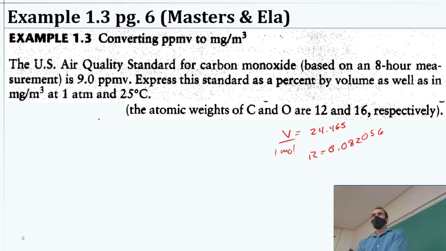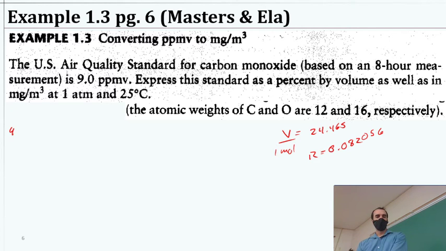So this one is essentially reversing the process from our last problem, where last time we had some amount of micrograms of the pollutant in a cubic meter of air. This time we already know the parts per million by volume, and we want to know what mass that corresponds to. So we really just need to take the inverted approach.